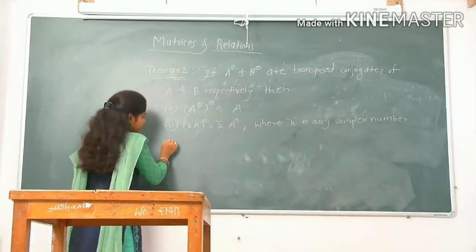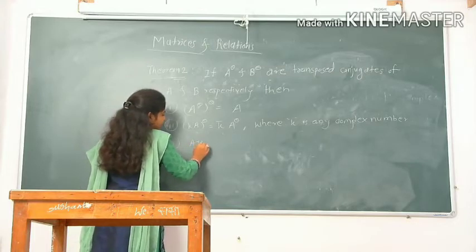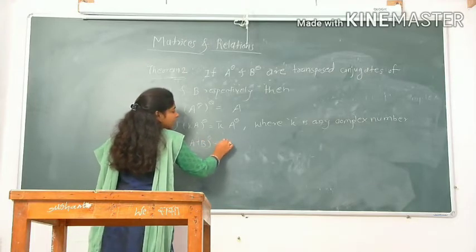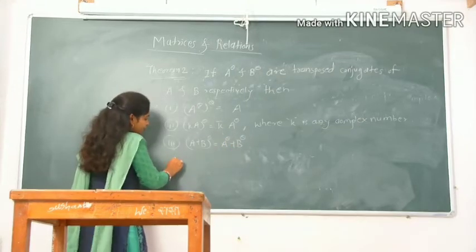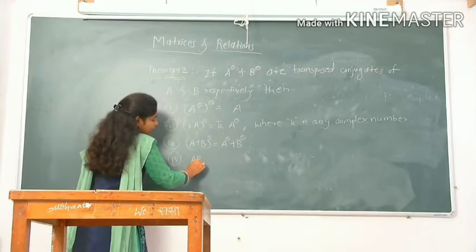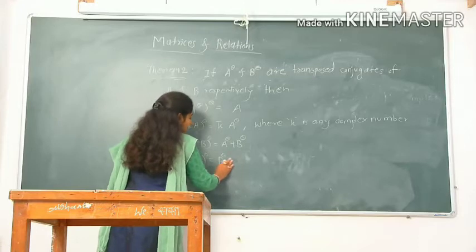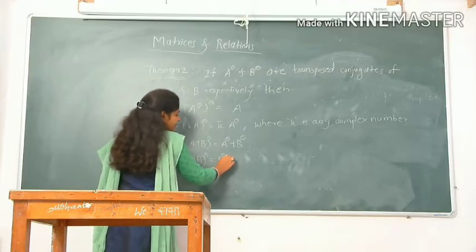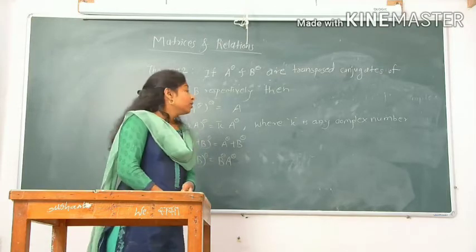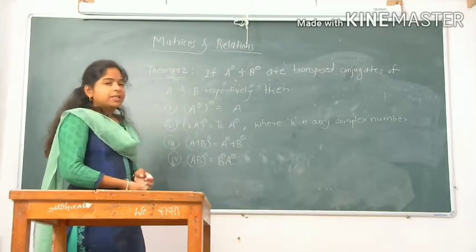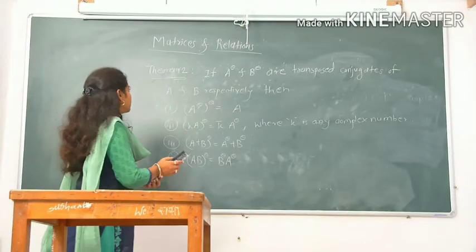Third, A plus B raised to theta is the same as A raised to theta plus B raised to theta, and fourth, A into B raised to theta is the same as B raised to theta into A raised to theta. Again, we do not have a proof of this theorem. We have to use it for solving the examples.